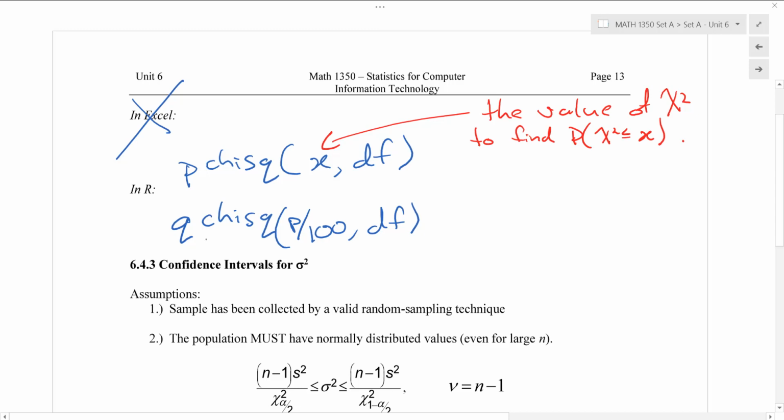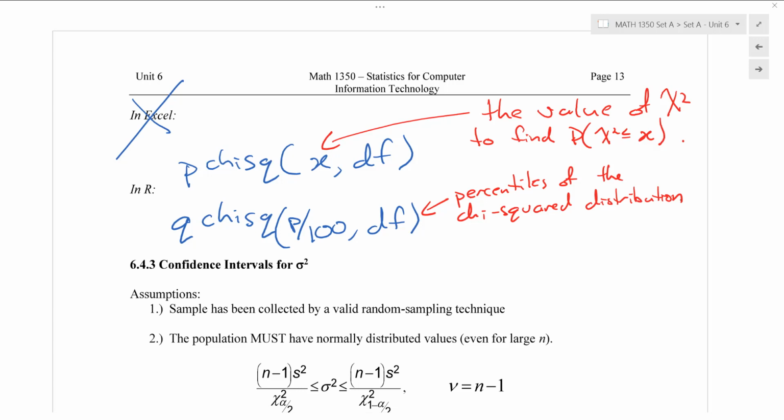The q chi-squared is a lot like q norm or qt. This takes percentiles. So you can input percentiles for the chi-squared distribution, and this will give you the corresponding chi-squared value. Of course, we'll also need the df, the degrees of freedom.